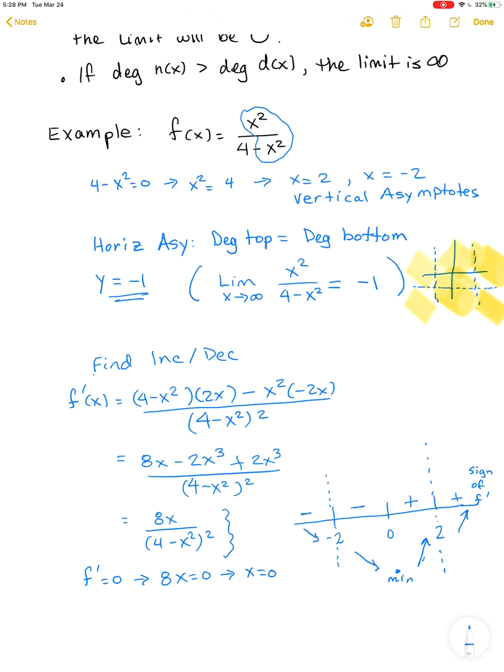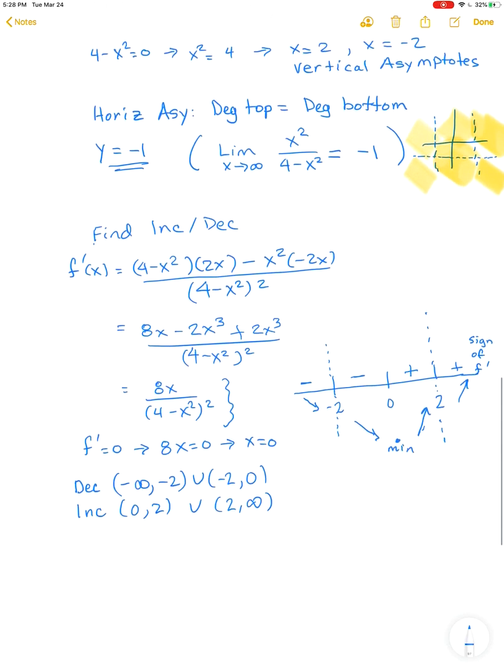That means this critical number has to be a min. So I have that it decreases to the left of that first asymptote, then it continues to decrease between the asymptote and the min, then it's going to increase between 0 and 2, and then from 2 on out.